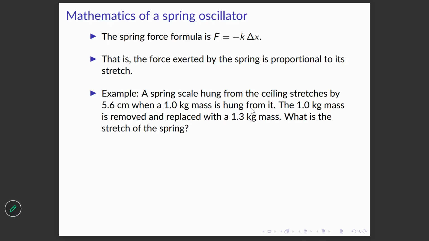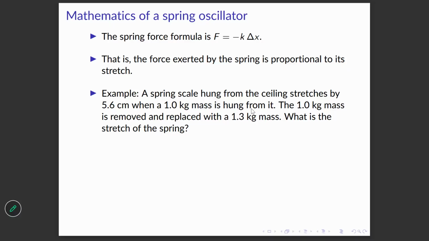Okay, here's how I would do this. What forces act on the 1 kilo mass in the first case? Gravity and a spring, since it's hung from a spring. So two forces, mg and kx, act.